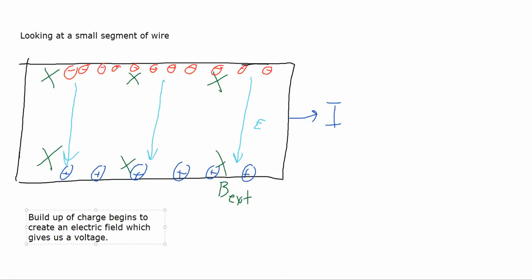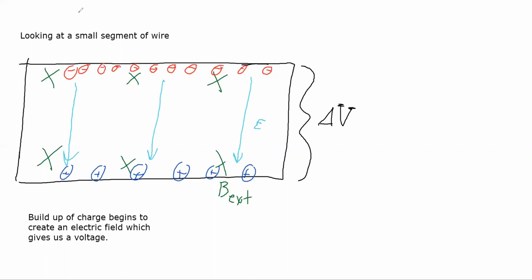Okay, so there's a voltage. Remember, electric field always goes from higher voltage to lower voltage, right? So now we have a voltage difference in the wire. I'll call this delta V here. Okay, there's a change in voltage there.